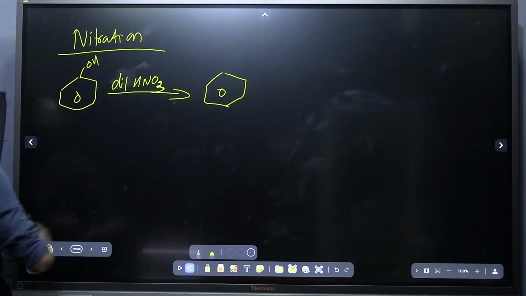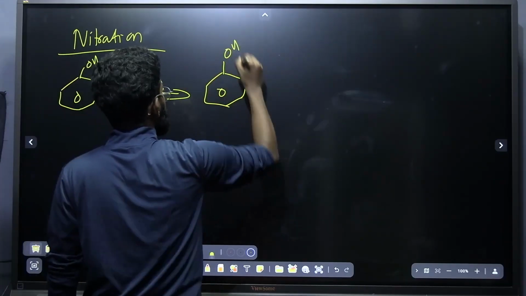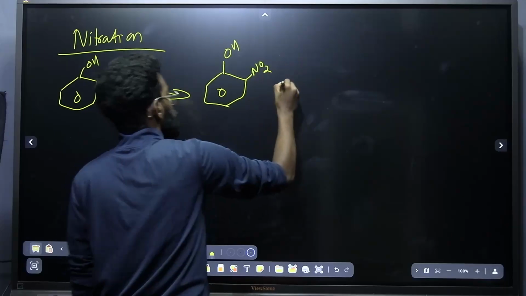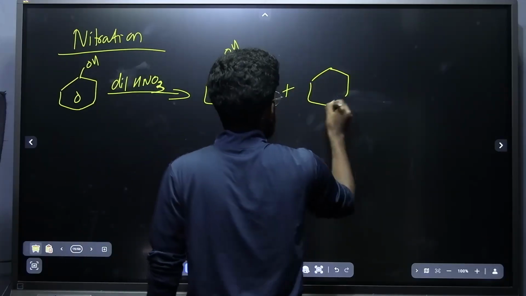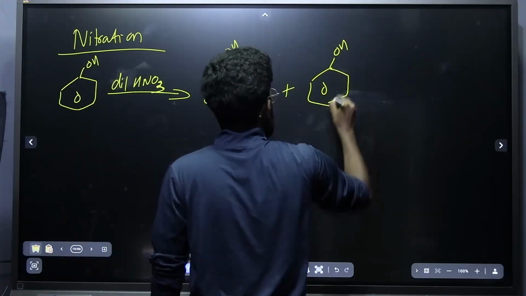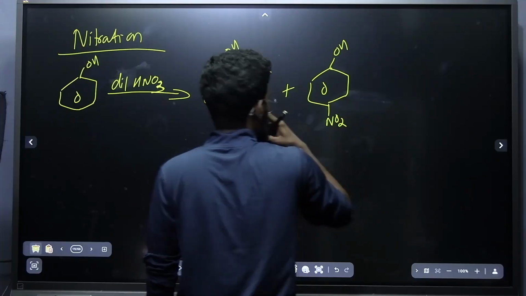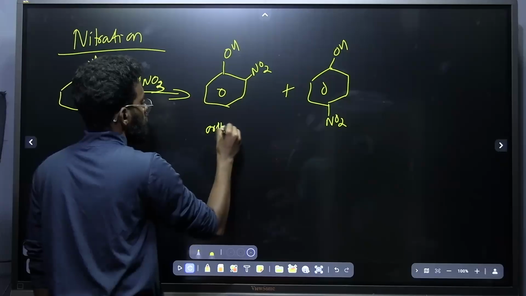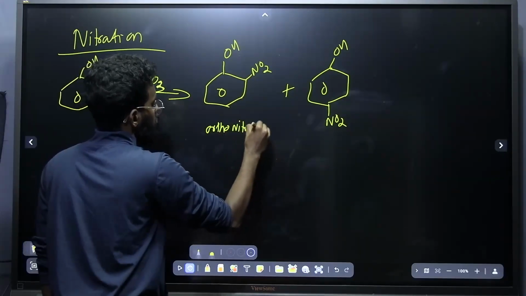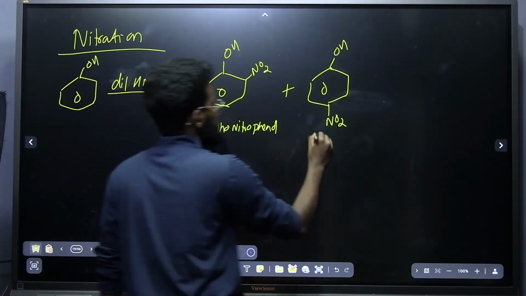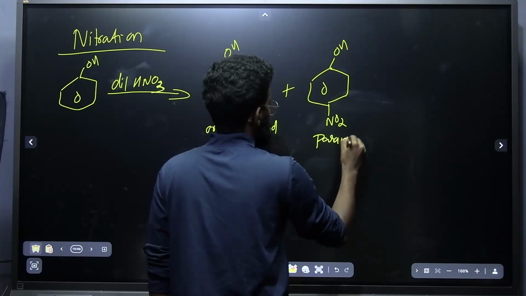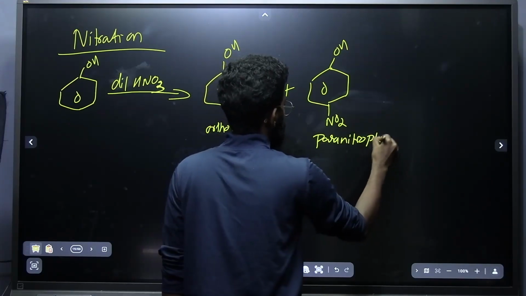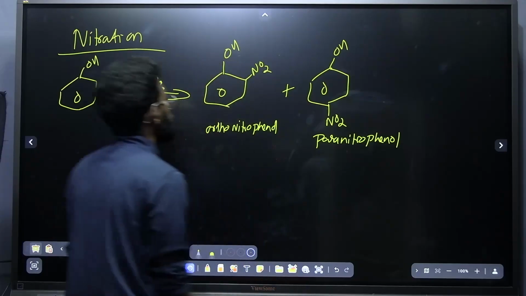It is ortho para directing, and the first product that we will be getting is ortho nitrophenol, and the second product we will be getting is para nitrophenol. Now in this case, which one is more stable?